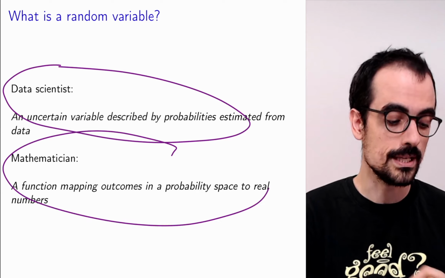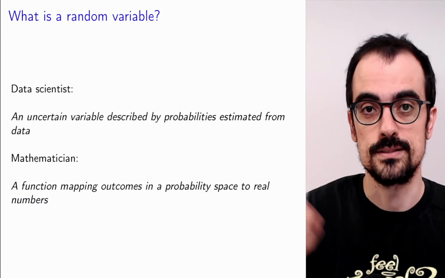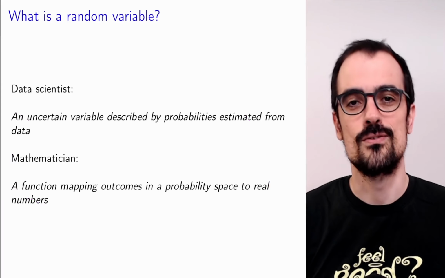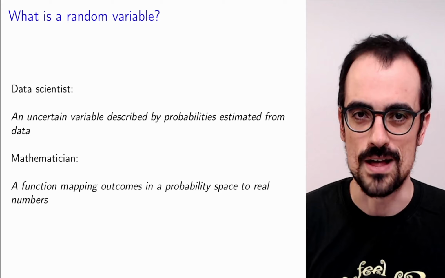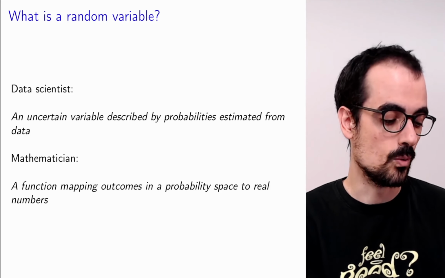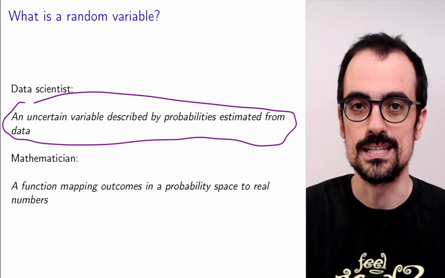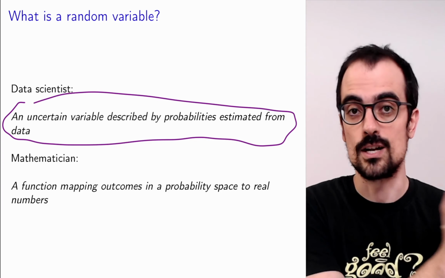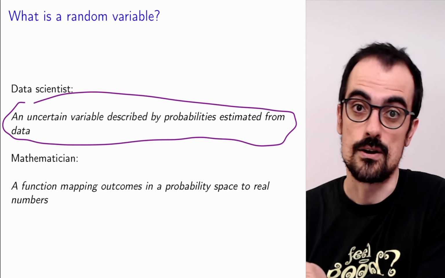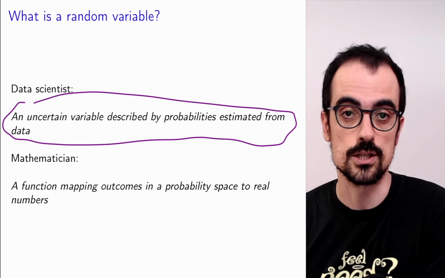We have also seen how these two views are connected for multiple discrete random variables. And today we're going to see how they are connected for multiple continuous random variables. This is really important because this is really how we deal with random variables in practice, through these probabilities that in the case of discrete random variables are encoded in the probability mass function, and in the case of continuous random variables are encoded in the cumulative distribution function or in the probability density function.